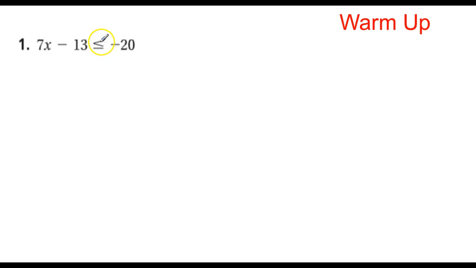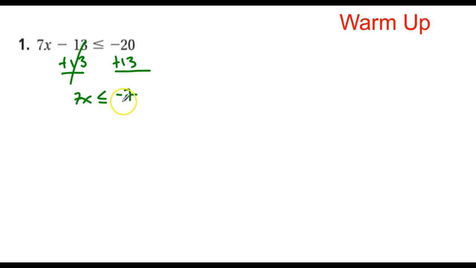And remember what we mean by this. Whatever the open end here is, it's pointing towards the greater side. So this is 7x minus 13 is less than or equal to, because it has this bar here, negative 20. To solve for this, I'm going to add 13 to both sides. These will cancel, and this gives me negative 7. 7x right here.